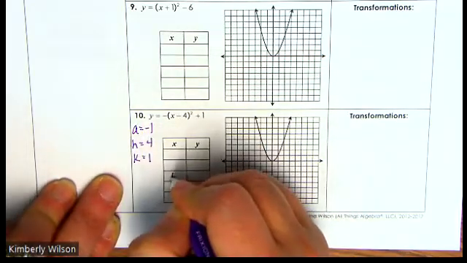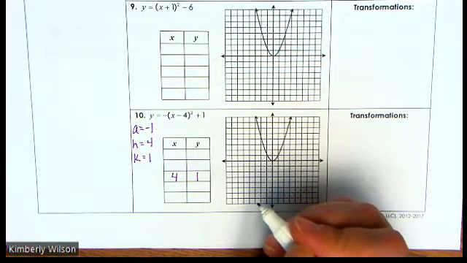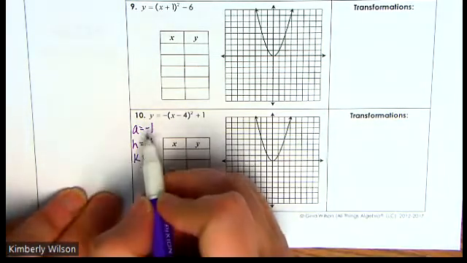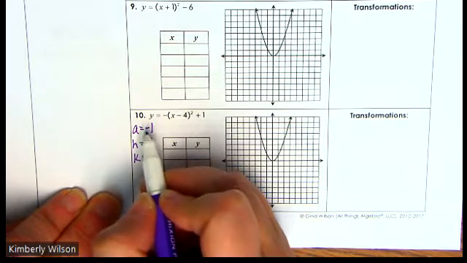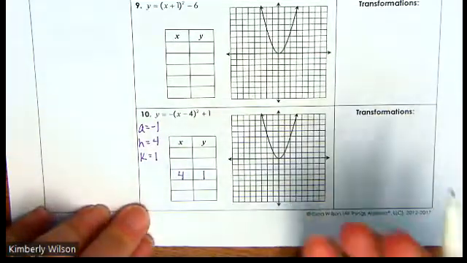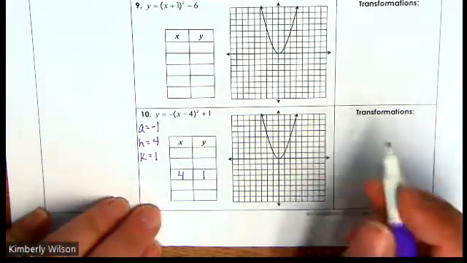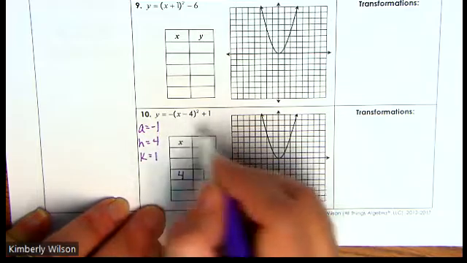So I know I've got 4, 1 here because my vertex is 4, 1. So I know that this is a -1. That tells me since the a is negative, it's going to open down. Okay, we're going to confirm that in notes in just a minute. So now we need to think about what's the graph going to do.